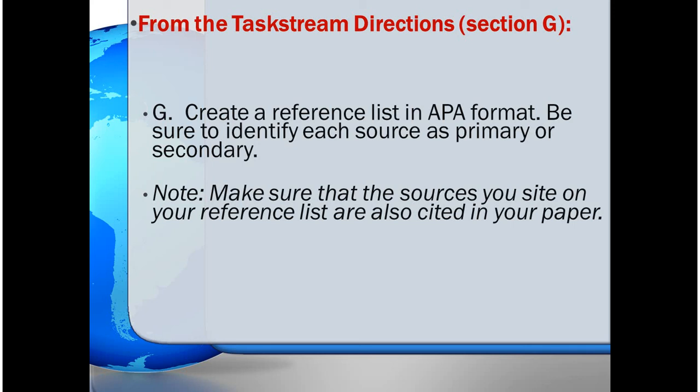One of the very best that I've ever found is the online writing lab at Purdue University. If you Google OWL Purdue, O-W-L, Purdue, P-U-R-D-U-E, it'll take you directly to the website for the online writing lab.